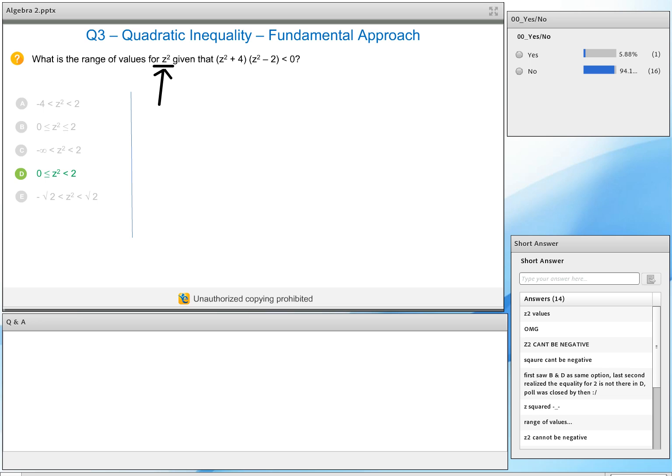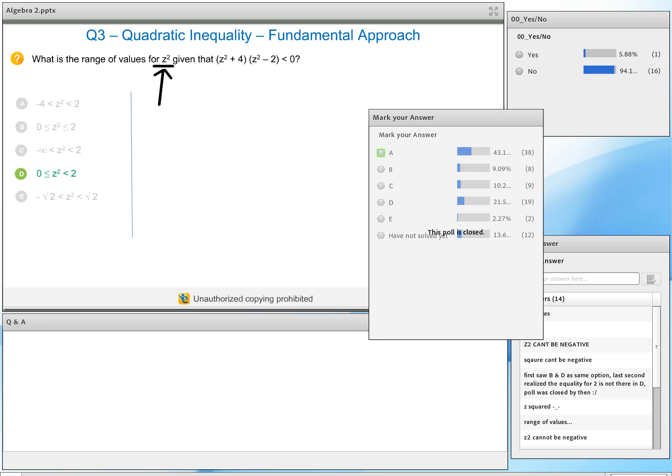The question statement is not saying that z squared cannot be negative. You need to know that on your own based on your understanding of what a square of a number is. It's always non-negative is what I would say.